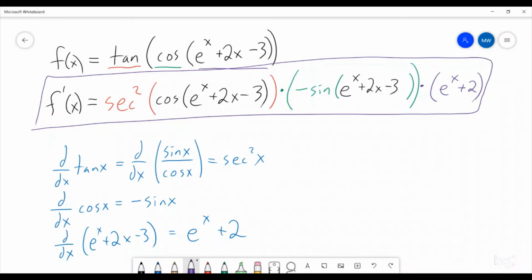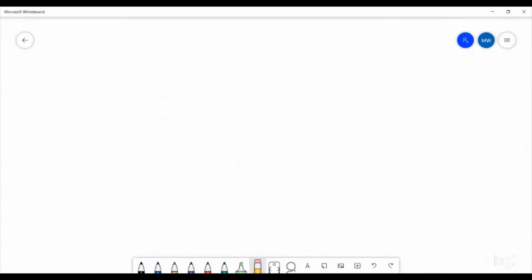Okay, now let's do a chain rule problem where we are not given the specific functions. So let's say that we are given the following. We know that big F of x is equal to little f of little g of x, and then we are told the following pieces of information.